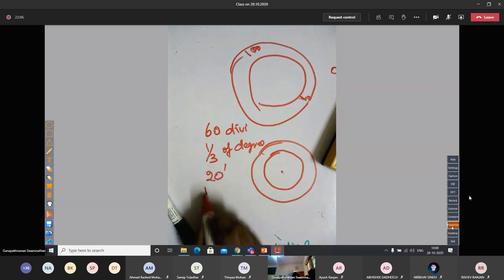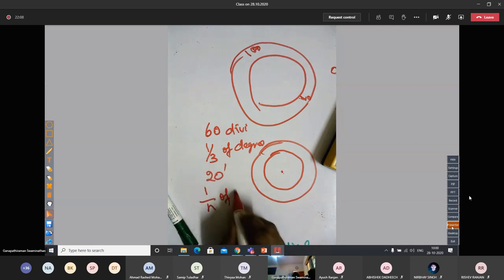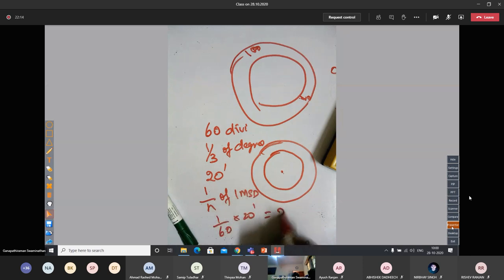So 1 by n of 1 MSD is your least count: 1 by 60 of 20 minutes, so you get 20 seconds. Do you understand? Now the horizontal plate has 0 to 360. What about the vertical plate?